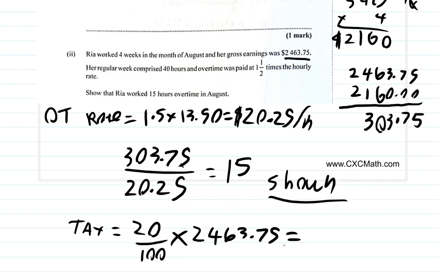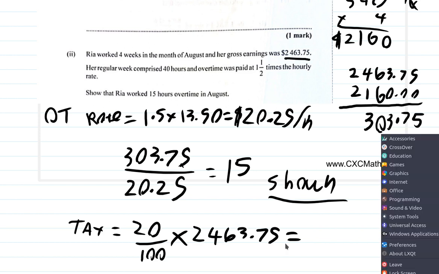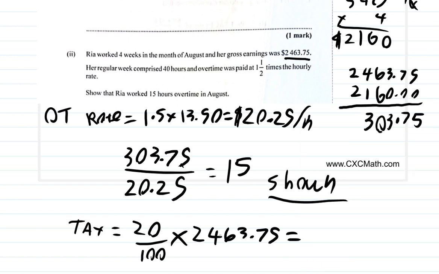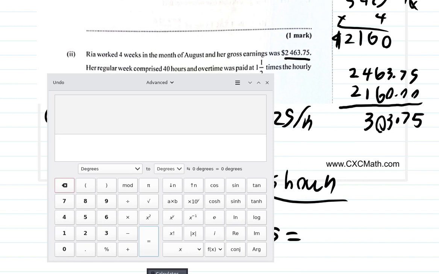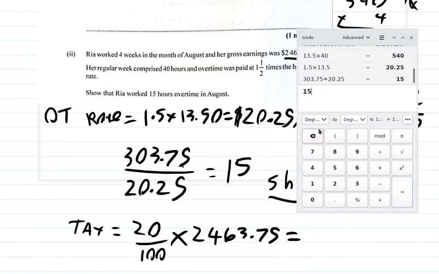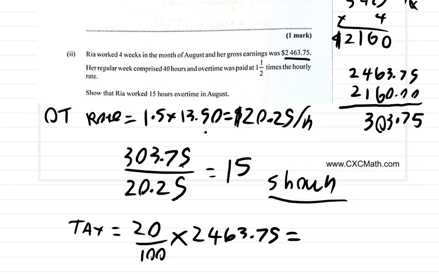$2,463.75. So how much is the tax? So the tax would be 20 over 100, which is the same as 0.2, right? Times $2,463.75 equals $492.75.